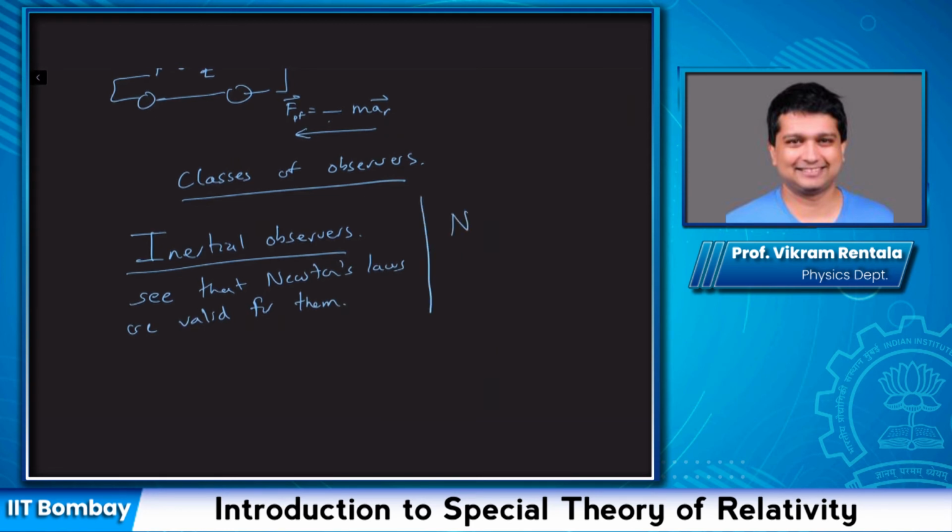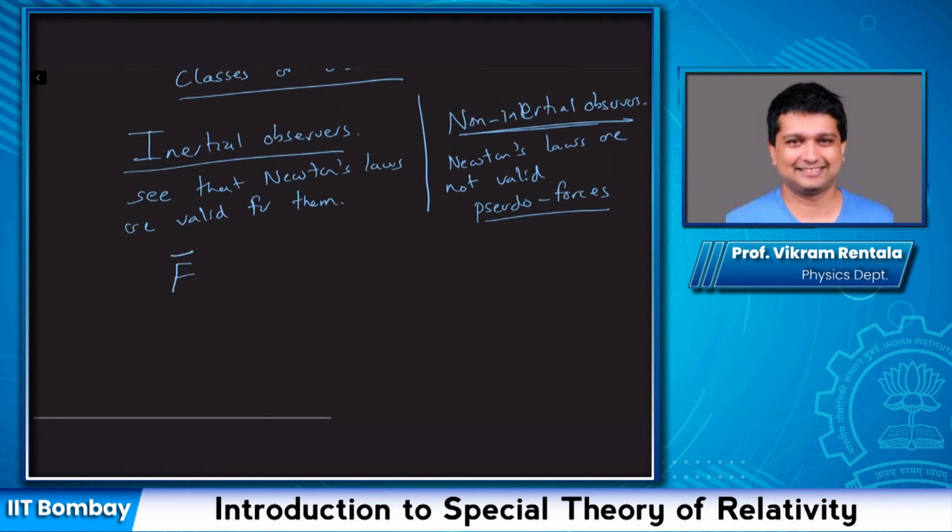And there are so-called non-inertial observers who see Newton's laws are not valid, and they need to take into account pseudo forces. Okay, so the law F is equal to ma is valid for these observers.